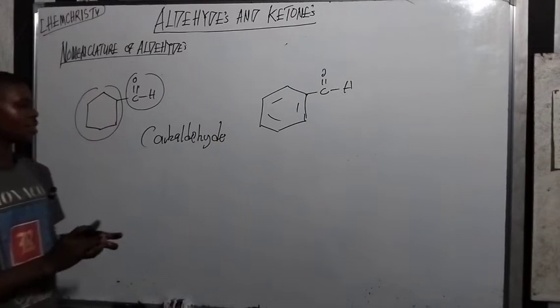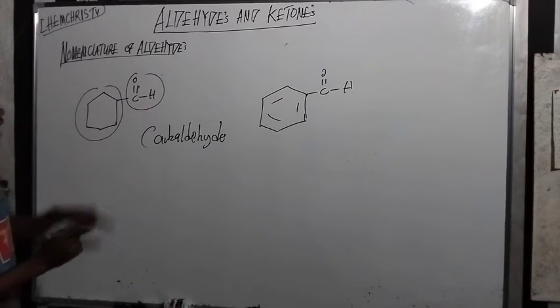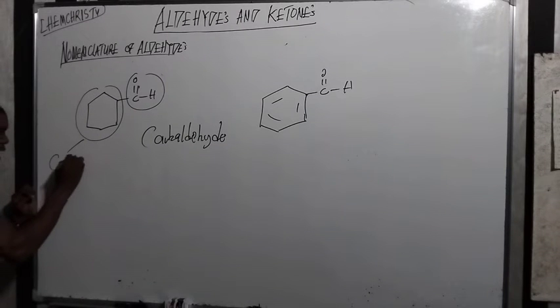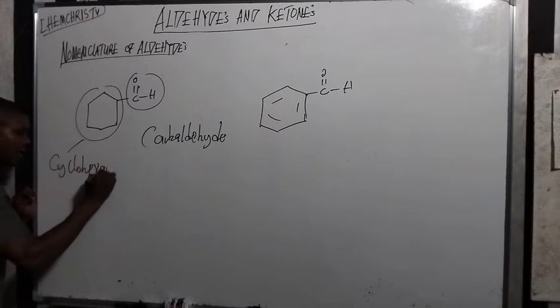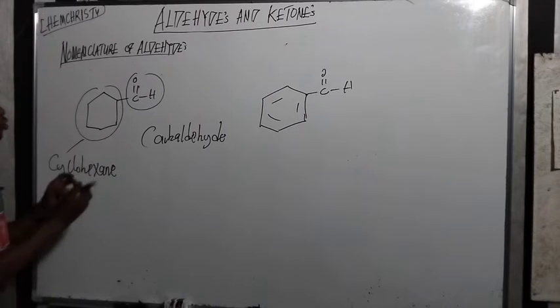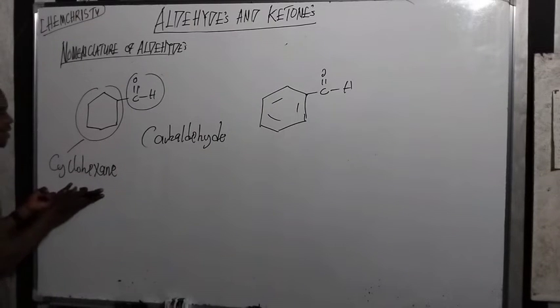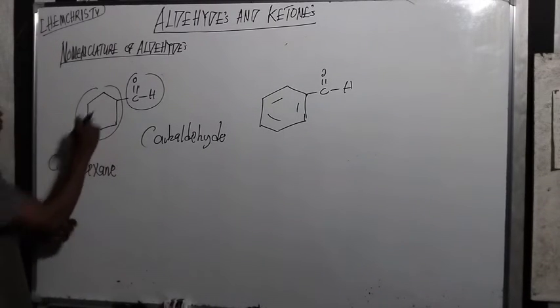So the name of this ring is cyclohexane, and the name is now going to be cyclohexane carbaldehyde. That is going to be the name of this compound here.